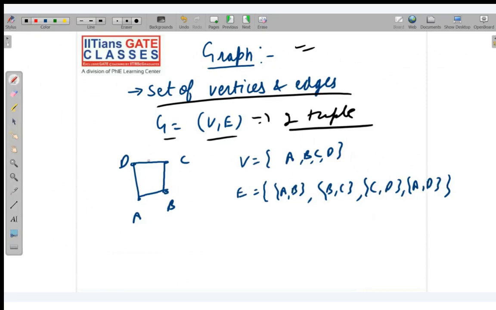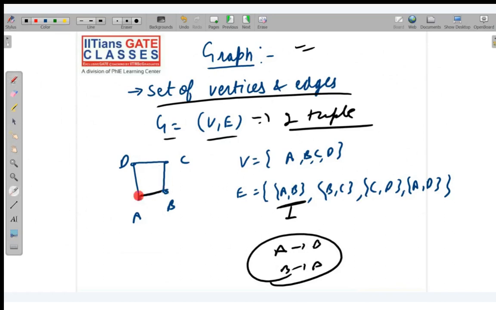I have written these in curly brackets; curly brackets mean order does not matter. So the A to B edge we can think of, or the B to A edge also, because it is the same. So {A,B}, {B,C}, {C,D}, {A,D} are the edges. AD you can also write as DA, and so on. So in mathematics we will say a graph is a two-tuple of vertices and edges. This is your graphical representation, but the mathematical representation is this.